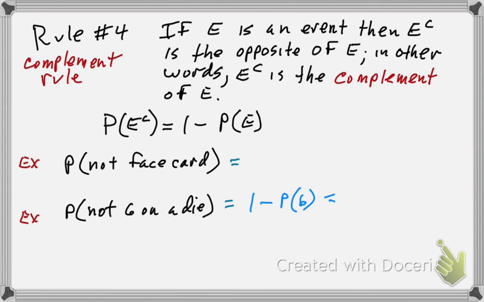Which is what? 5/6? Now, on that one, I could just say, well, there are 5 other sides, so 5/6. But some are not going to be that obvious. And this rule is going to save your hide sometimes. It just says if you want the probability of not something, it's the same as 1 minus the probability of whatever that something was. How about not a face card?